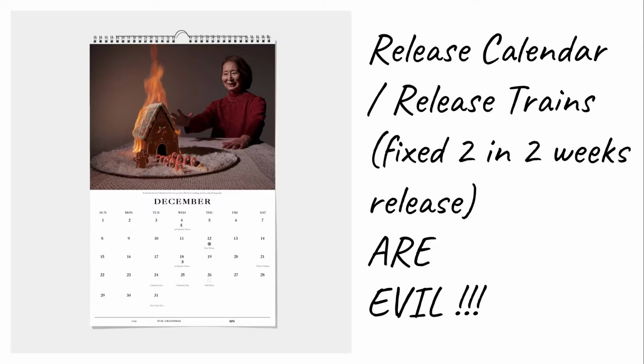So I simply want to say that release calendars and release trains are evil, right? And one other thing they are paired with is management thinking, instead of product thinking. In project or management thinking, you're probably gonna think in project terms, meaning: did I deliver on time, on scope, on budget, right?